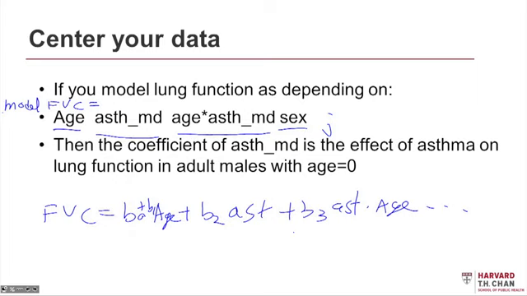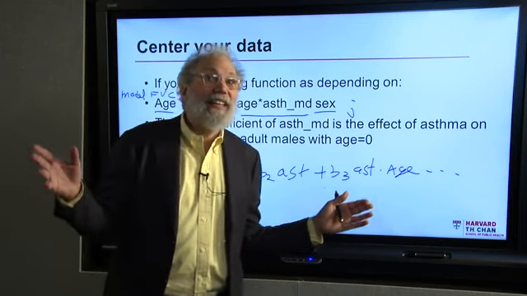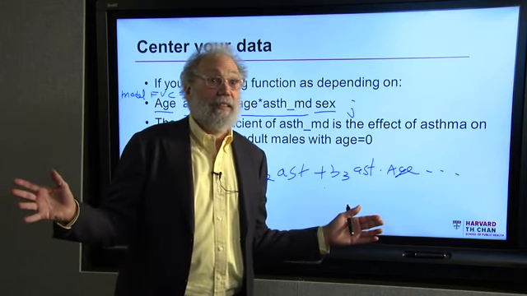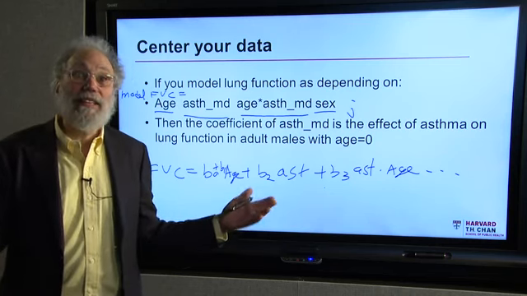So if I say that FVC is B0 plus B1 age, B2 asthma, and B3 the interaction, what is the effect of asthma on lung function? Well, suppose asthma is 1.